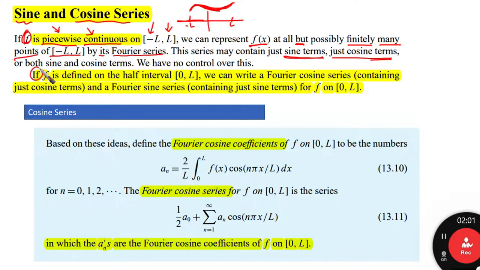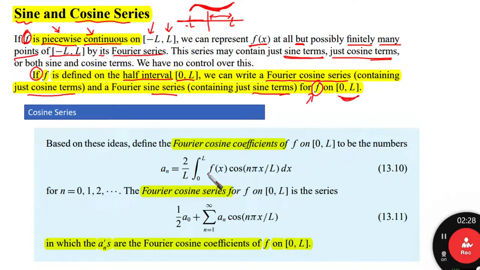But if this function is defined on the half interval from 0 to L, we can write a Fourier cosine series containing just cosine terms and a Fourier sine series containing just sine terms for this function on the interval 0 to L. Understand?